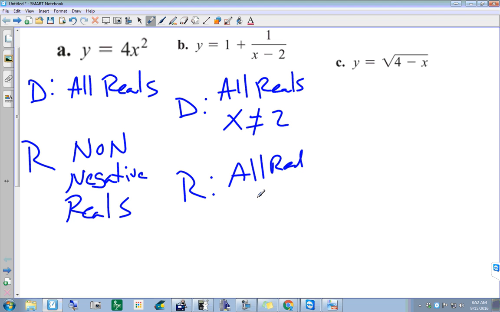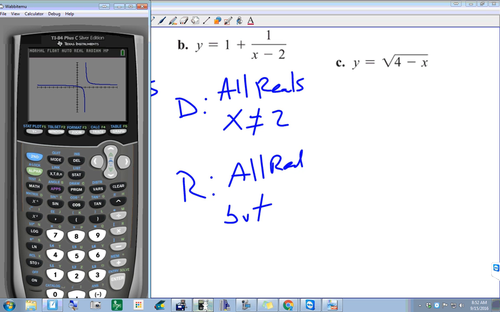So all reals, but we don't know what that is yet. Okay. We haven't figured out how to go and find that yet. But does it look like it would be possible to have every single one of these numbers in them? That goes up to 1.